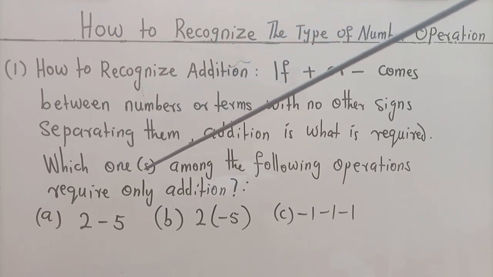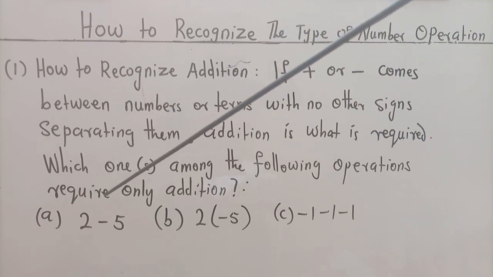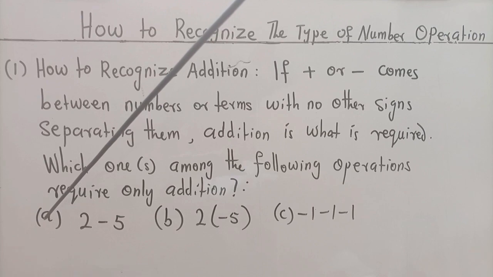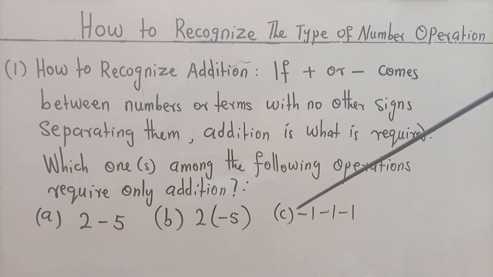It says, which ones among the following operations require only addition? That is, these operations A, B, C have been given. Do they all require addition? Is there any of them that does not require addition? Let us start with the first one, 2 minus 5.